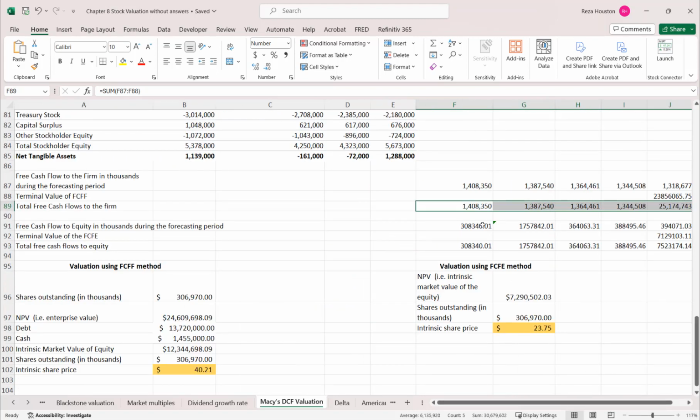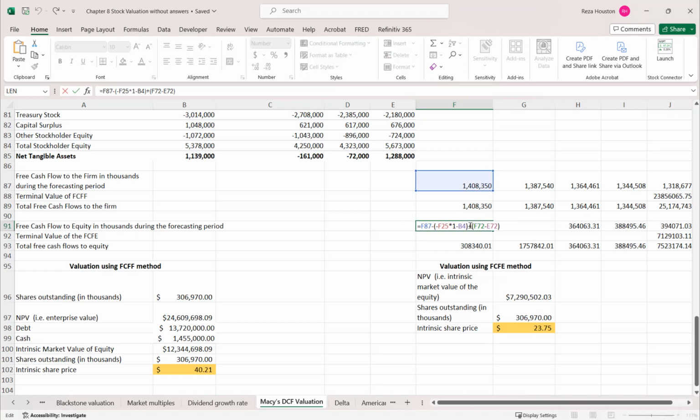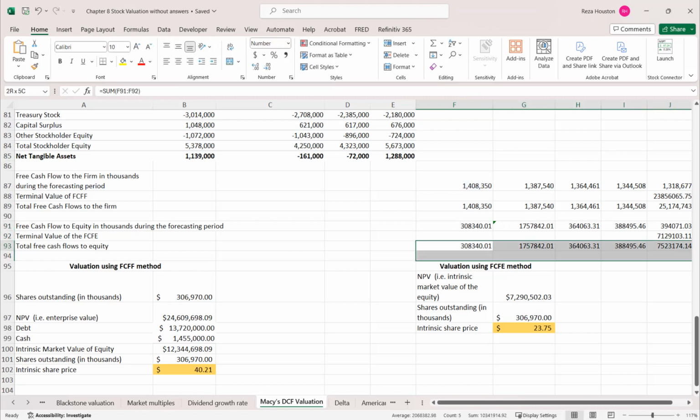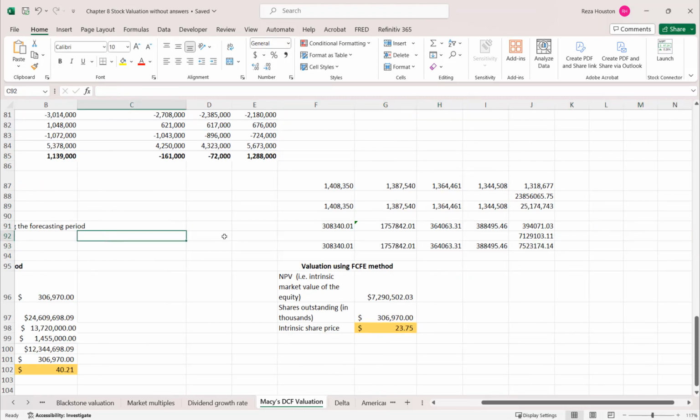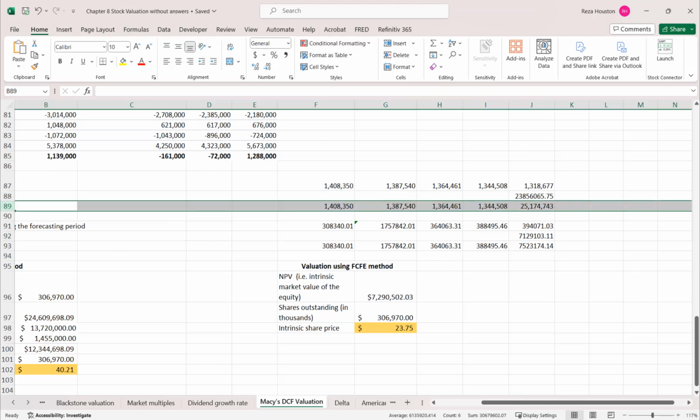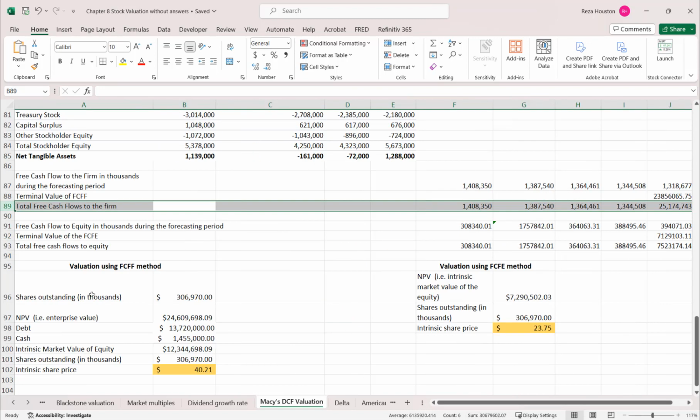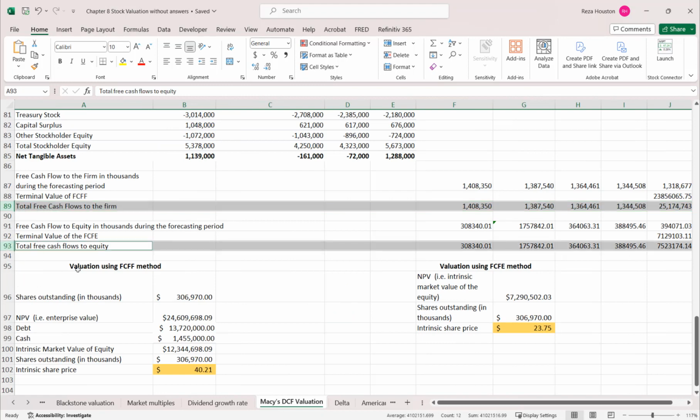And I went ahead and calculated the free cash flows to equity here using one of the models I had in the PowerPoint slides. So ultimately, I just do the same thing. We have our free cash flows to the firm in this column, and our free cash flows to equity in this column.